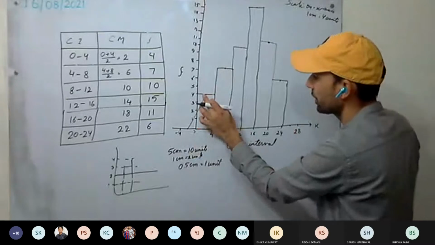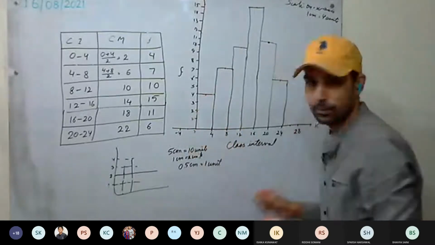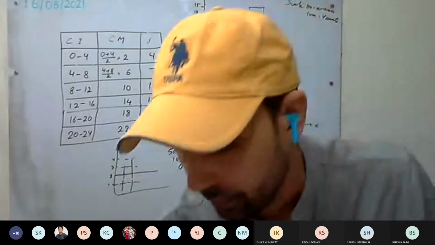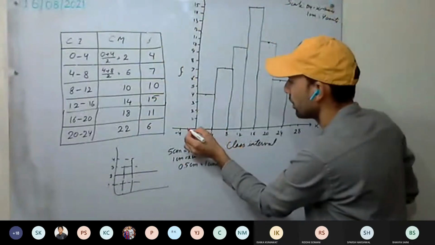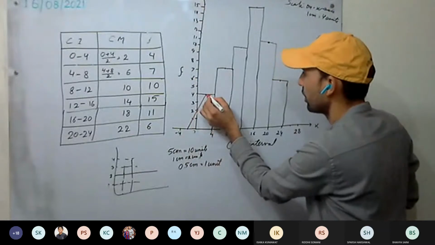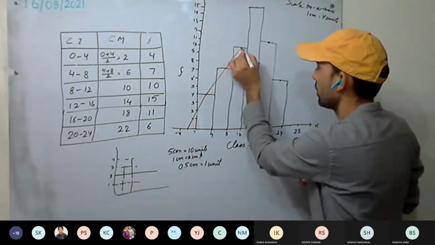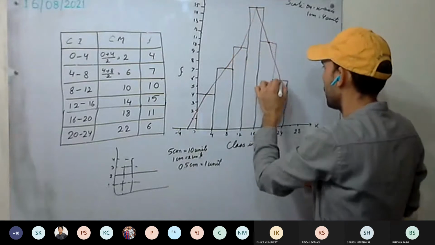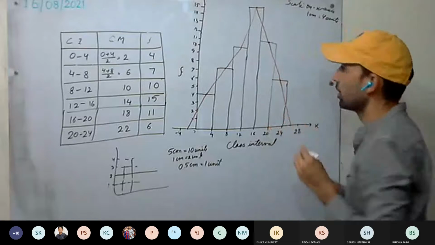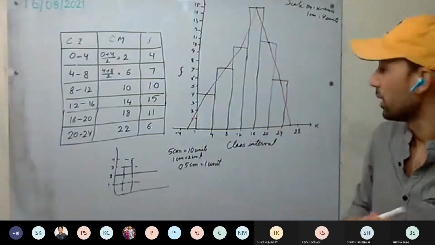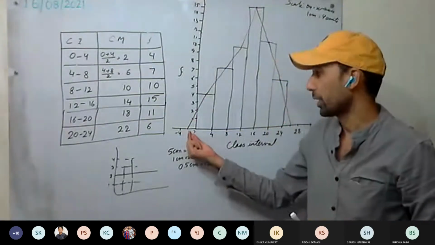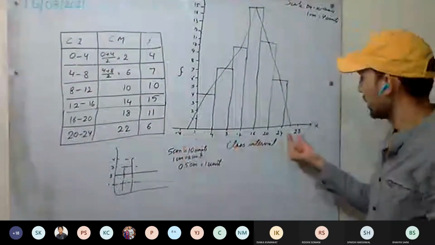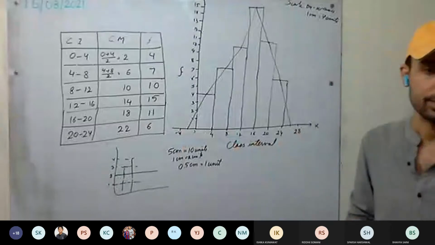So now join them, with a different pen. We have to take the midpoint of 0 and -4. Yes, midpoint, that is the class mark of this class interval. That will be -2. Similarly, the class mark of this class.